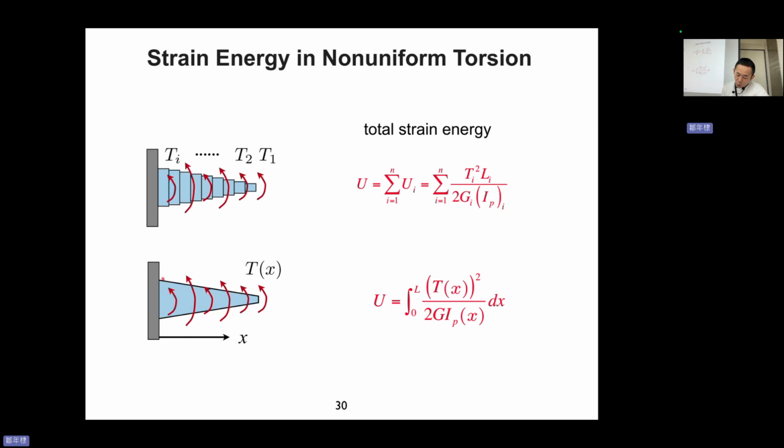If you have a gradually changing cross section, you need to find IP as a function of x, and your torsion has been changing, so you need to find the torsion as a function of x, and then you can do the integration. You get the total U. Very similar to what we learned before in chapter 2. So I guess we can skip this quite quickly.